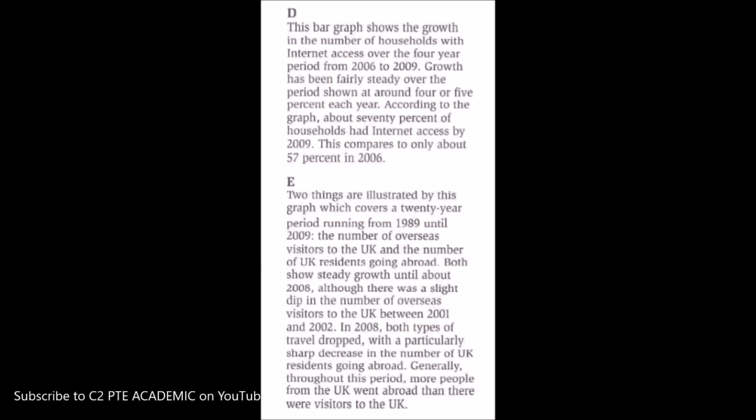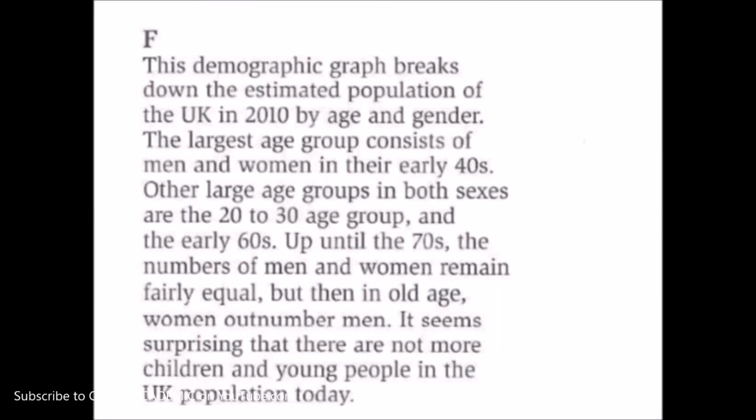Both show steady growth until about 2008, although there was a slight dip in the number of overseas visitors to the UK between 2001 and 2002. In 2008, both types of travel dropped, with a particularly sharp decrease in the number of UK residents going abroad. Generally, throughout this period, more people from the UK went abroad than there were visitors to the UK.